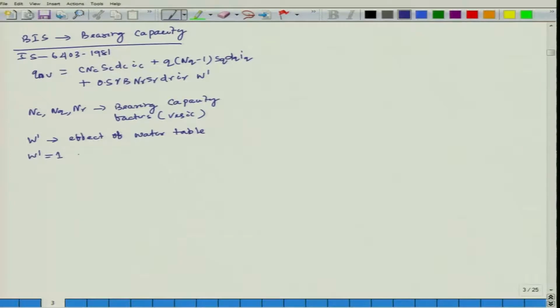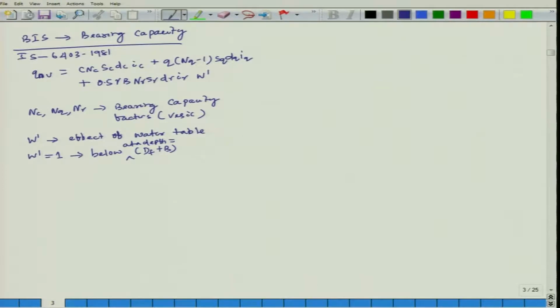The water table is below a depth at the base of the foundation, or at a depth equal to dF plus B, below at a depth equal to dF plus B.